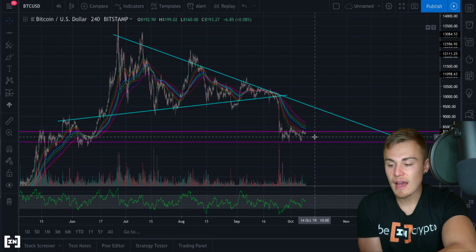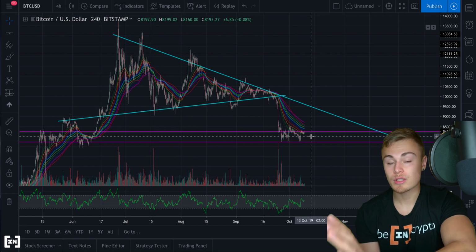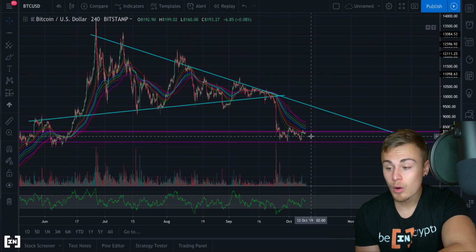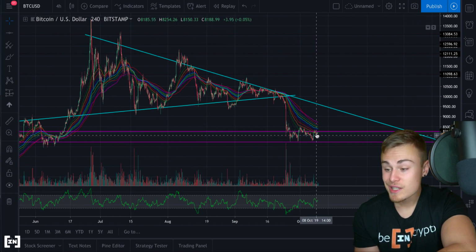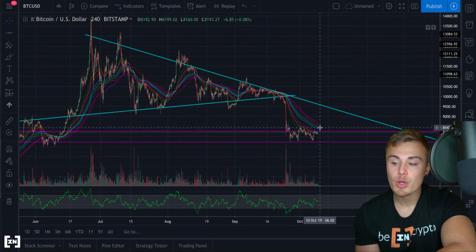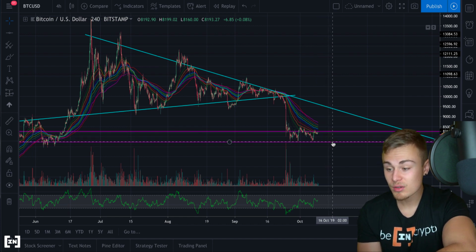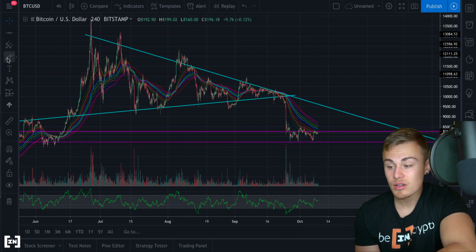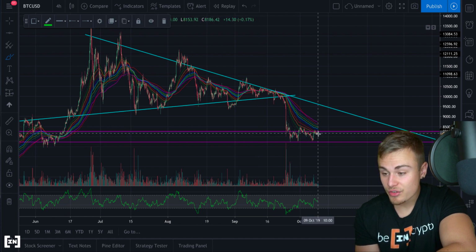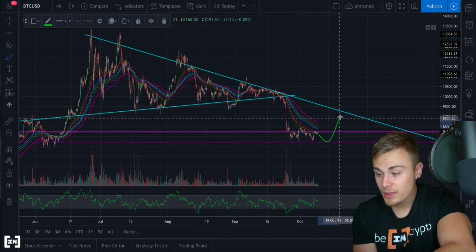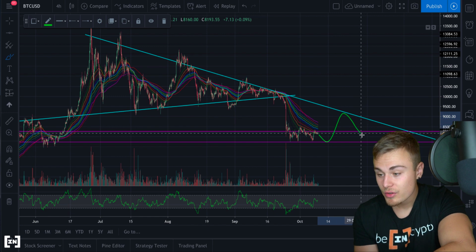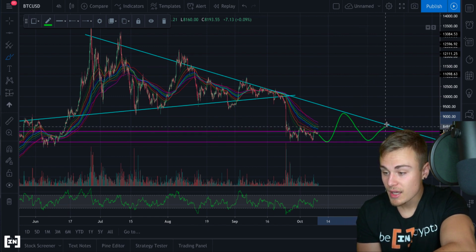When you extend this out, you'll see the short-term possibilities on the 4-hour hold quite well. Not only are we retesting Fibonacci levels right here, which could ultimately lead us to fall to lower levels, our bottom support being around $7,700, we could ultimately see a retest like this, possibly a correction back up to our supports and resistances.